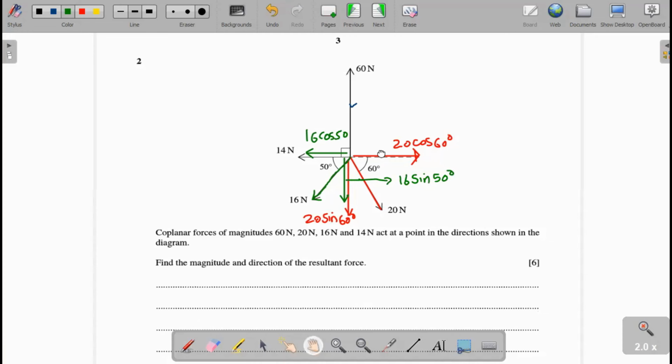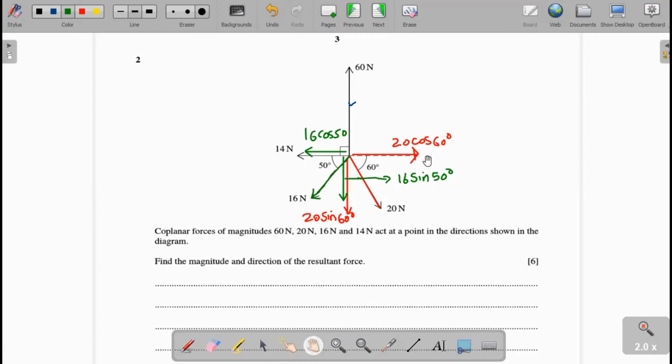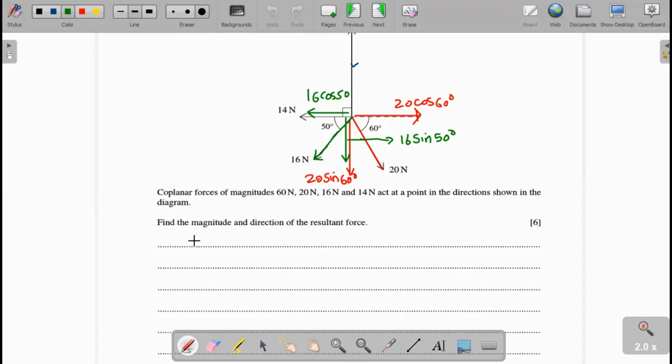Now the forces are acting along the horizontal axis, we calculate it. Now the x component Fx, that is equal to 20 cos 60 minus the forces along the horizontal on the left side, one is the 40 Newton, second is 16 cos 50.